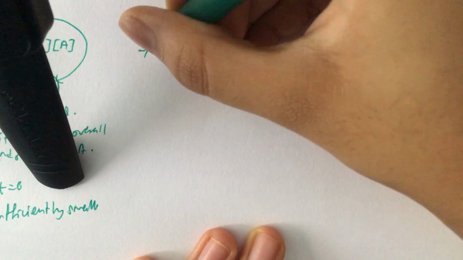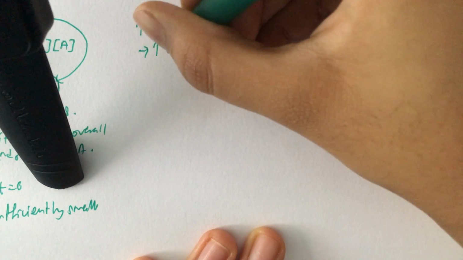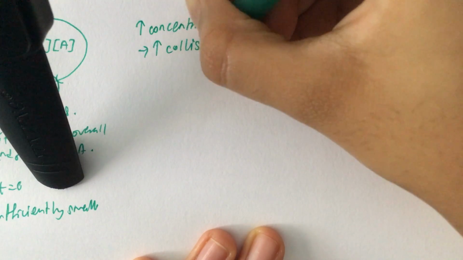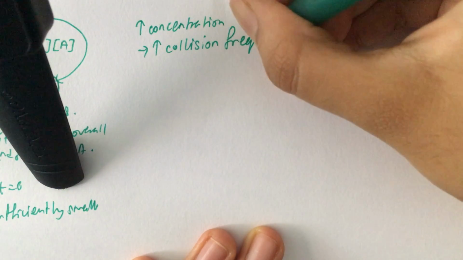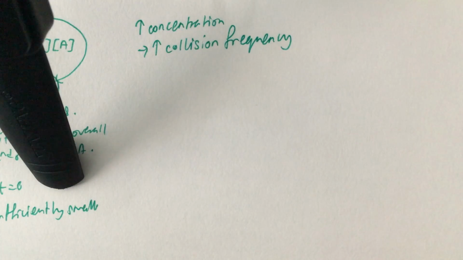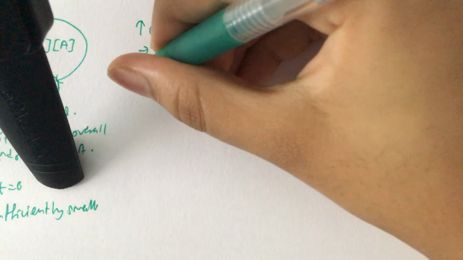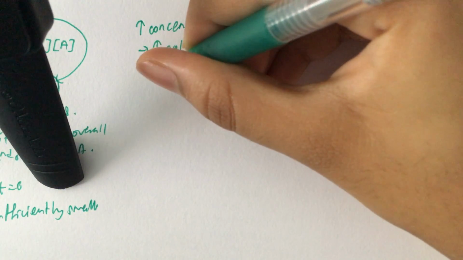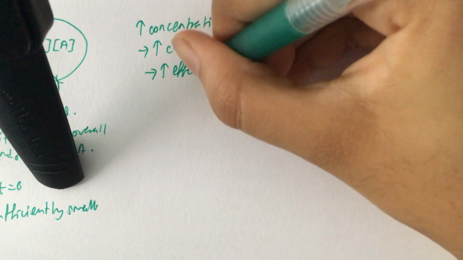That's pretty much it. But it's not just about more frequently. There's also a greater chance of better orientation, so they collide in the right orientation such that a reaction will occur, and not just bump into each other and waste their energy.